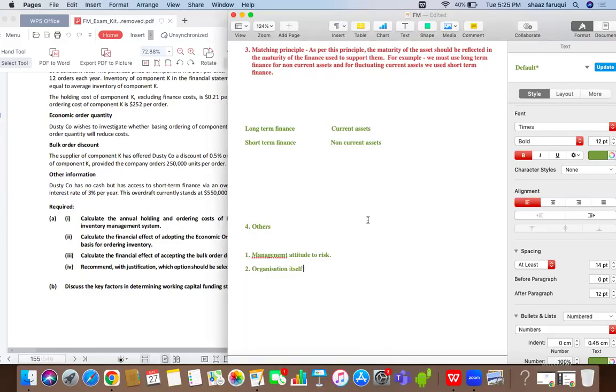I'll elaborate on that later. But remember, Anu, when you're answering, just put the point. I've said management attitude to risk affects the funding strategy. Correct? So now you have to elaborate on that.